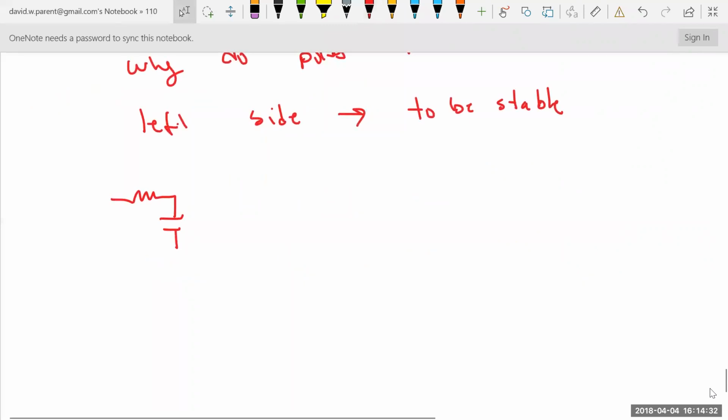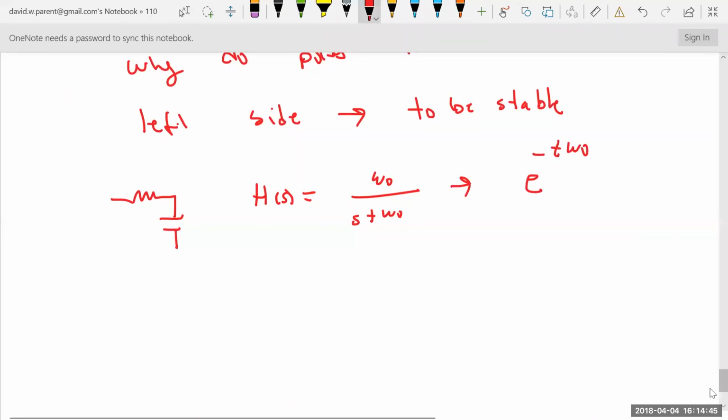So if we derive that out, we're going to get H of s equals omega naught over s plus omega naught. The inverse Laplace of that is e to the minus t omega naught, which is the impulse response, which is exponential decay, right? So it's stable because it goes to a known value, right?